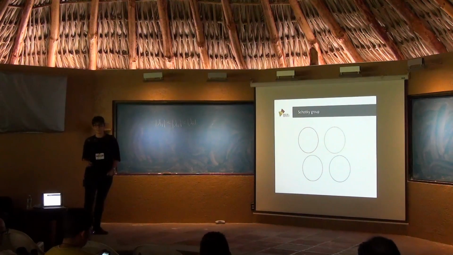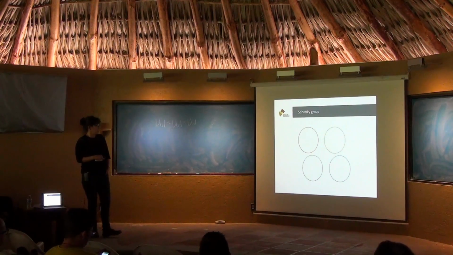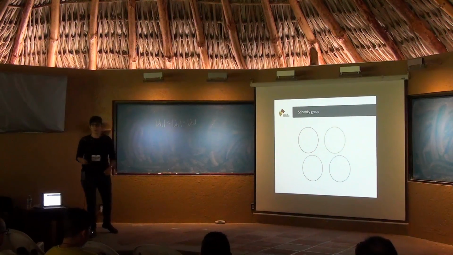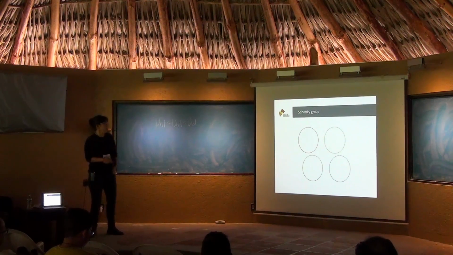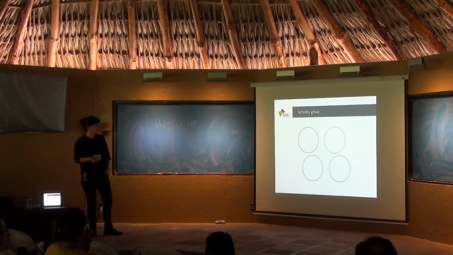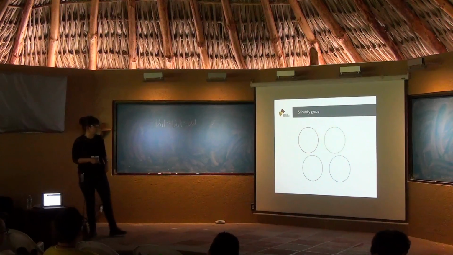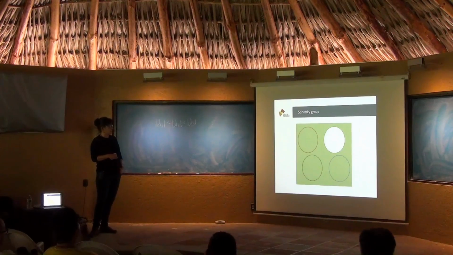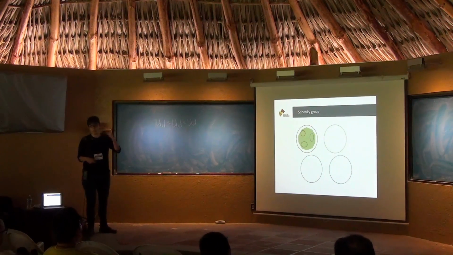Okay, well, for Schottky groups, first of all, we need an even number of circles in the space, or compact subsets. In this case, we have circles here, and we say that two of them are paired by a transformation if the exterior of one circle is sent to the interior of the other, okay?